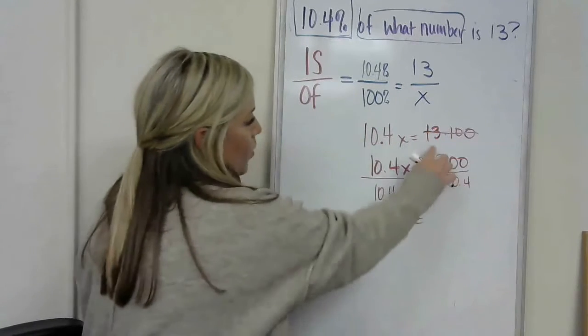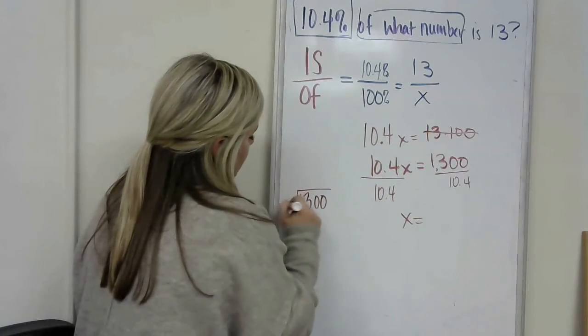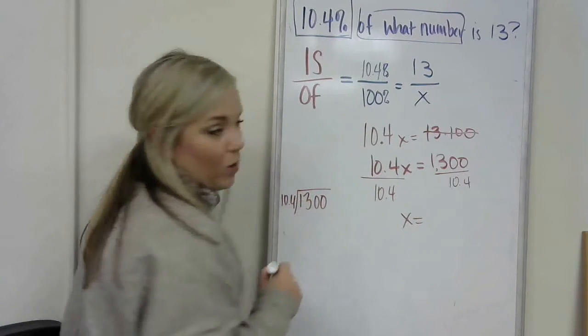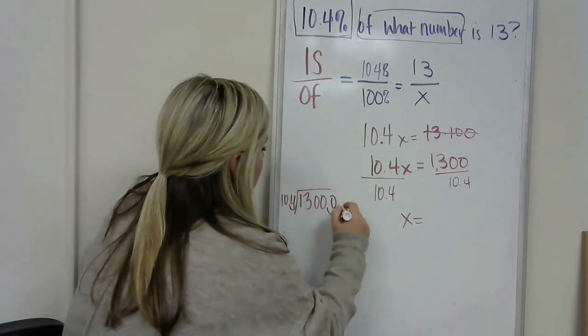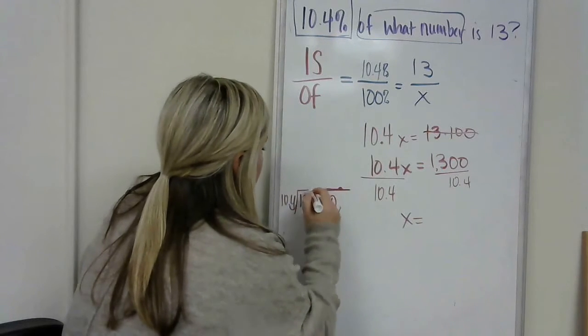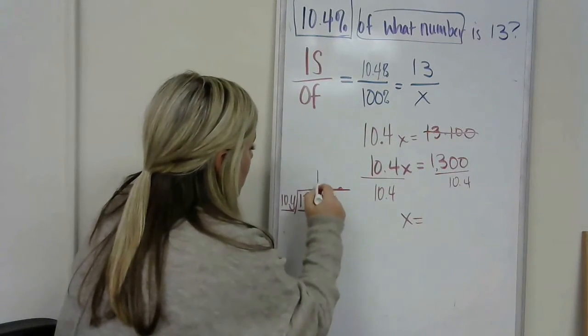All right, so we're going to T-bow this. 1,300 divided by 10.4. I have to move my decimal one place out here. 104 goes into 130 one time.